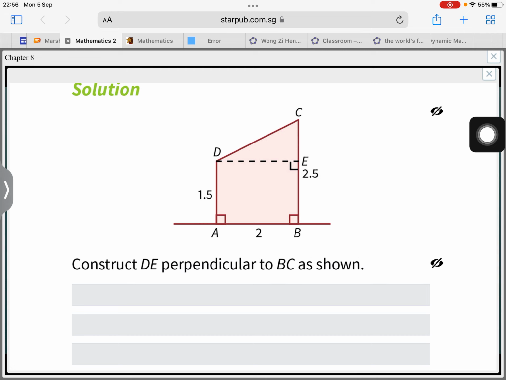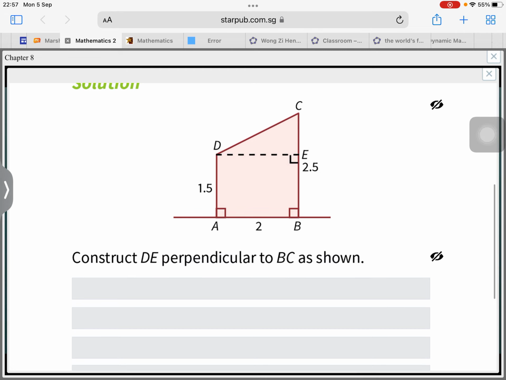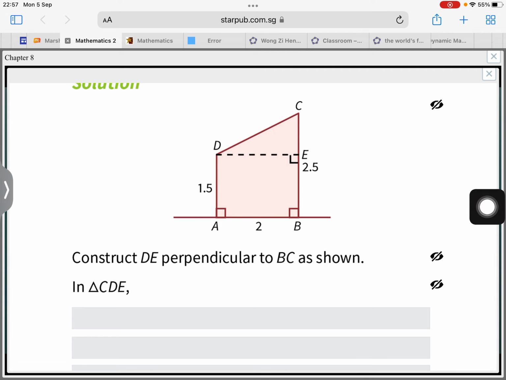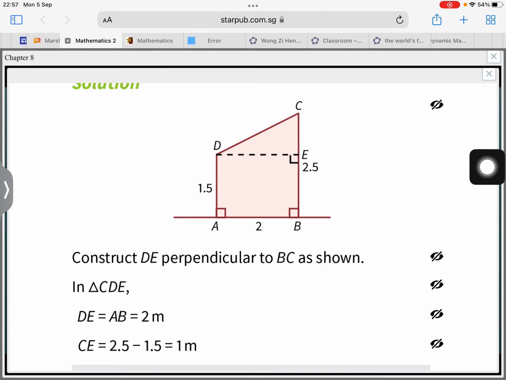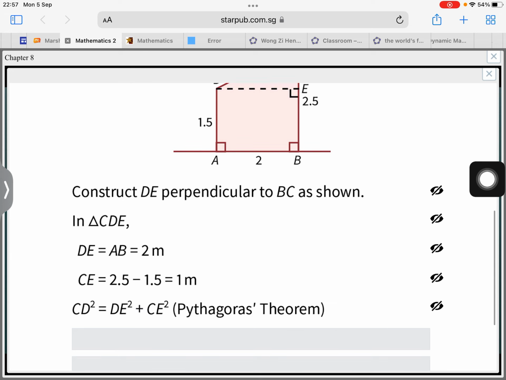So let's look at the solution. Construct DE perpendicular to BC as shown. In this triangle, like I said just now, DE will be equal to AB, which is 2 meters. And CE will be 2.5, which is BC, minus away 1.5, which is AD, to get 1 meter. You know this is 2, this is 1. You can apply your Pythagoras theorem.